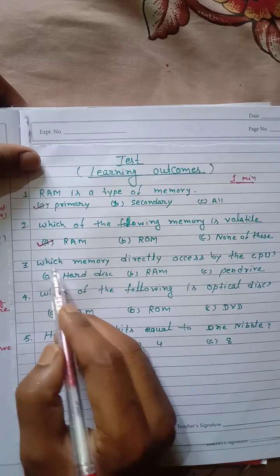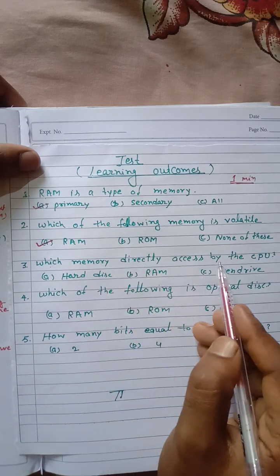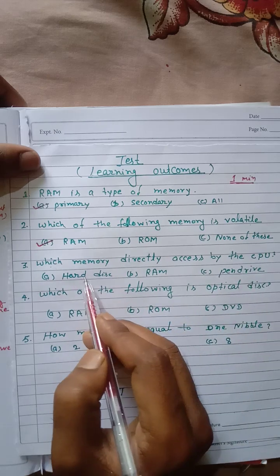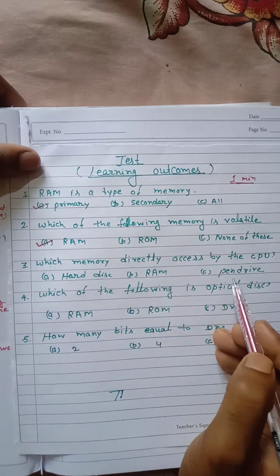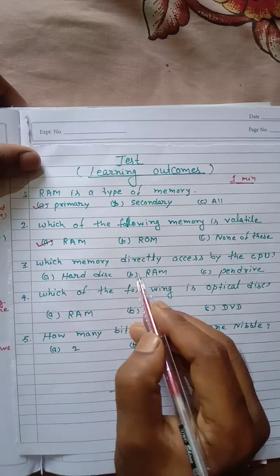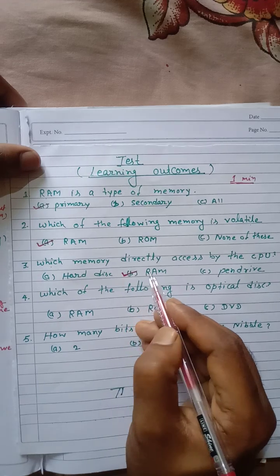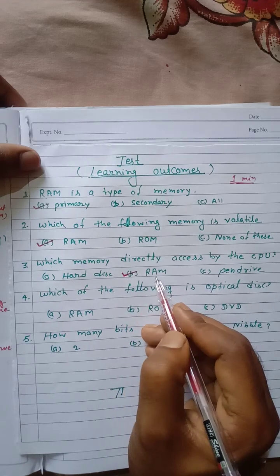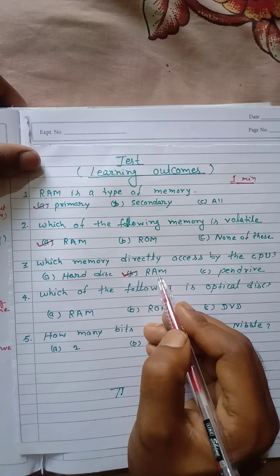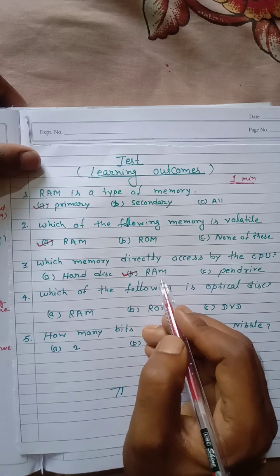Third question is, which of the following memory directly accesses the CPU? Hard disk, RAM, pen drive. Your correct answer is RAM. As we know, the CPU can directly access primary memory.